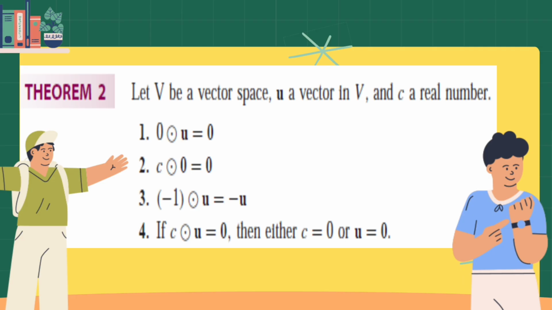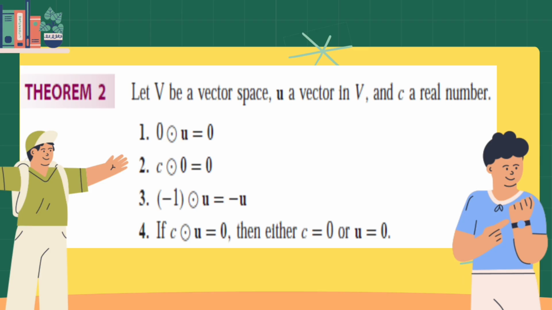What does it mean? When we multiply 0 to any vector, it is equal to the 0 vector. This matches our intuition from arithmetic.